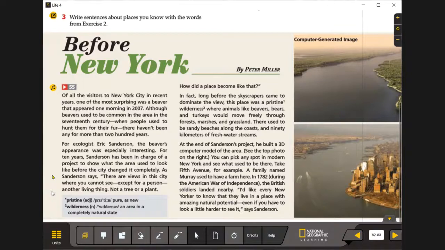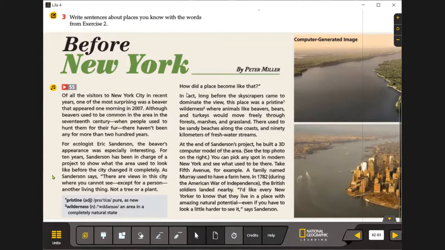As Sanderson said, there are views in the city where you cannot see anything except for a person, another living thing, not a tree or a plant. Okay. Thank you. Anyone else?